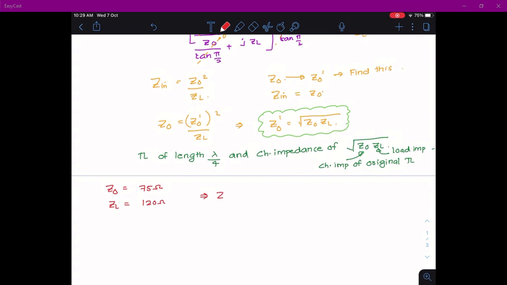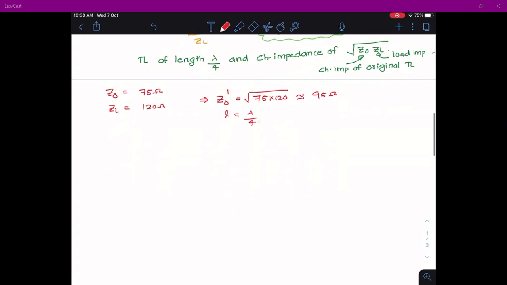Then your new transmission line will have the characteristic impedance root over 75 into 120, which is approximately 95 ohm, with L equal to lambda by 4, the length of the transmission line. Thus you can design a transmission line to match the transmission line which you have already connected, and you will have the maximum power transfer. So this is one of the matching techniques.